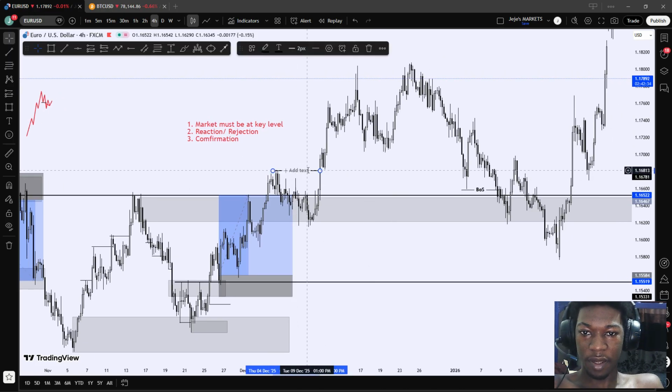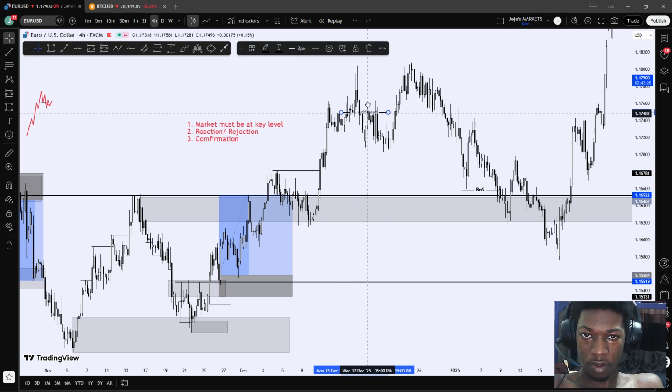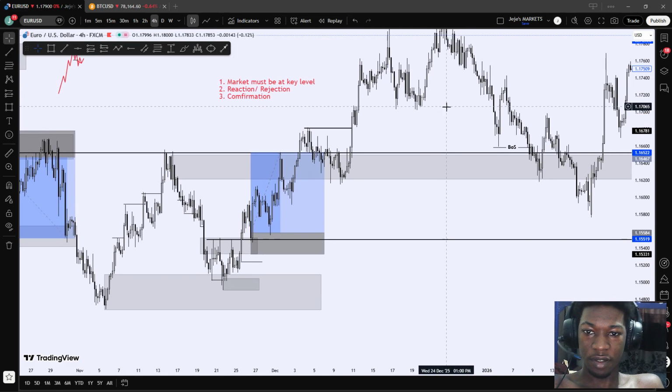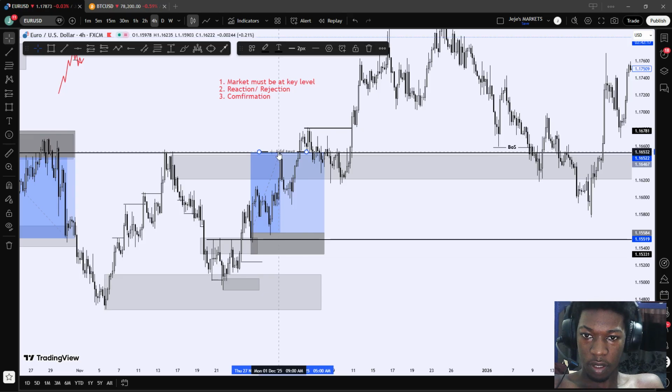It confirms that the market's on an uptrend. Where else? Alright. Here it failed to break structure. But then here it broke structure. Here also it broke structure.